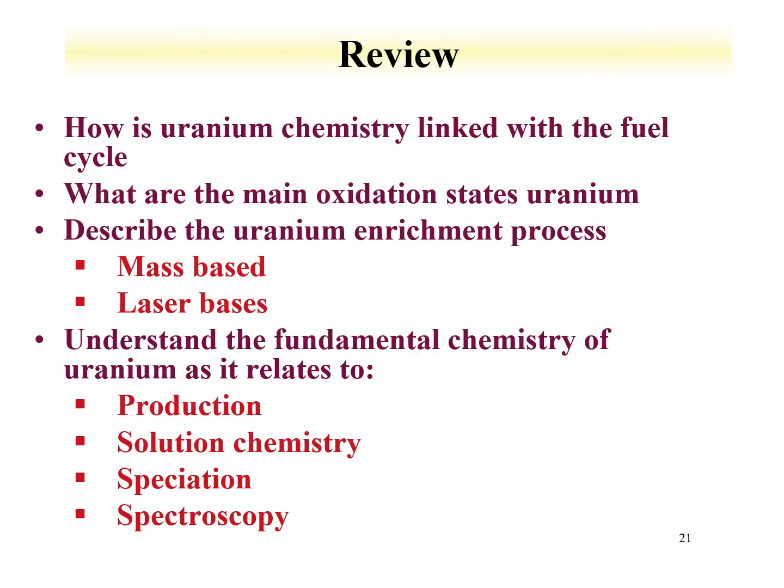Within the lectures on uranium chemistry, we really focused on how this chemistry of uranium is linked with the fuel cycle. There are some fundamentals in the solution phase, primarily the fact that the uranyl species, the UO2 2+, dominates, that UO2 has linear oxygens, and those are formed due to the role of f electrons in this compound.